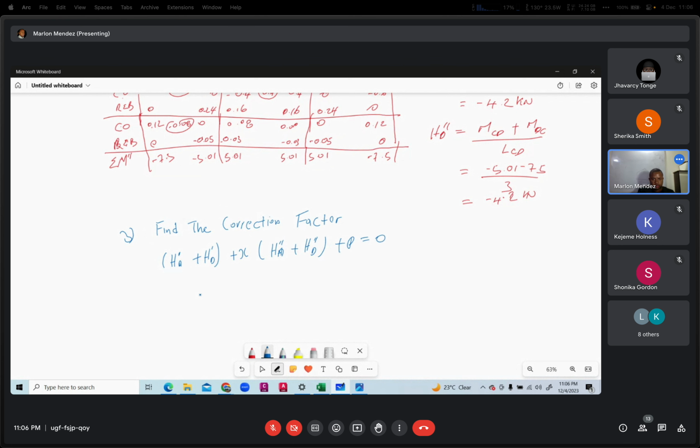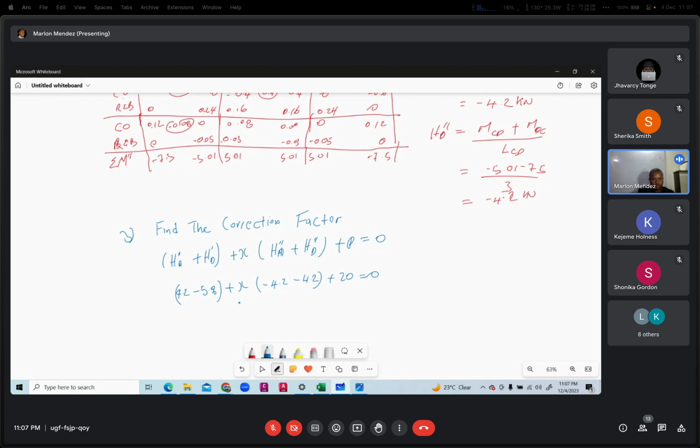You have to know these formulas. We already have this, which you already know. This is 0.29 plus, no, this will be a negative here. So this is negative 5, right? That correction factor minus 42, minus 42, plus 20 equals 0.